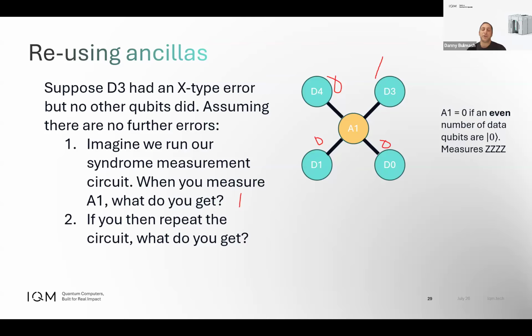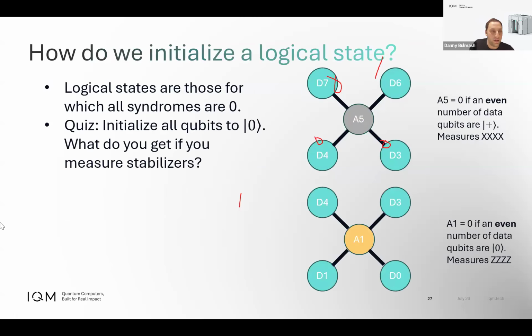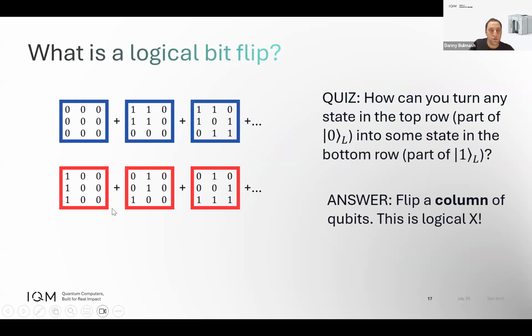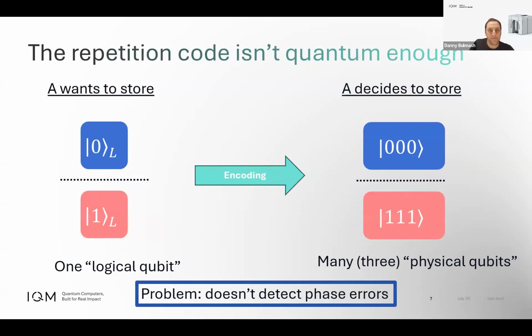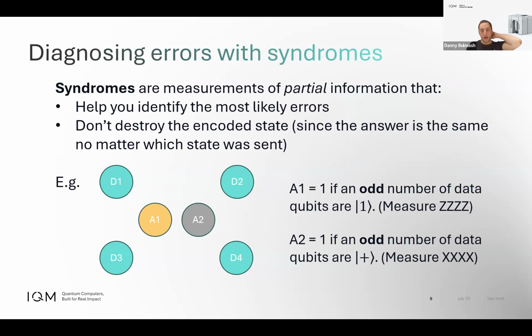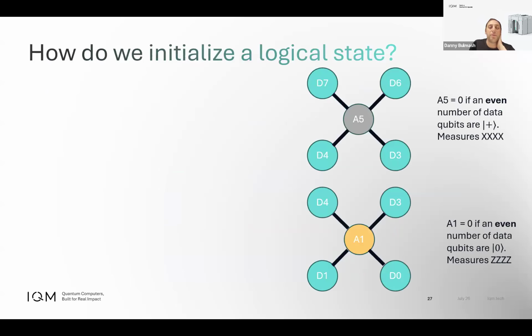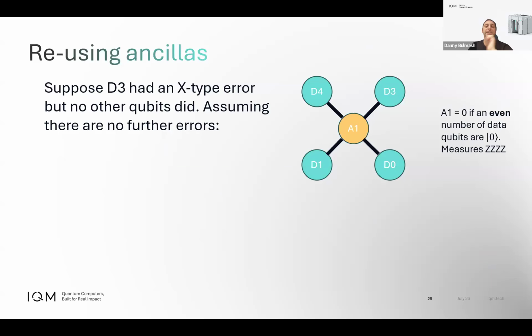Now, if you remember yesterday, we said that when we do a measurement of the syndromes, we're actually not measuring A1 equals 0 if there's an even number of data qubits as 0. Let me go back a few slides and I'll emphasize this point. What we ended up doing was we actually didn't say A1 is 0 if an even number of data qubits is 0.